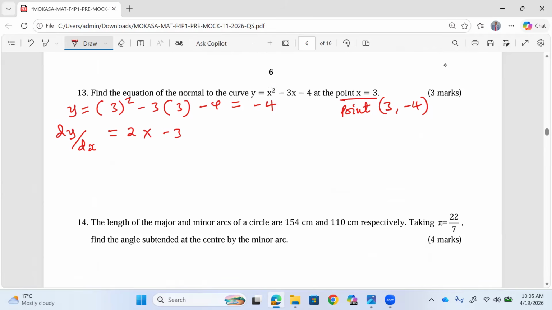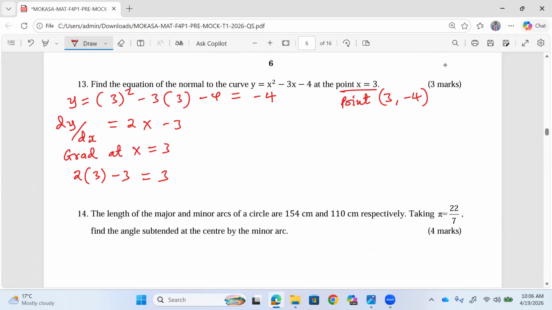So now we can say this, gradient of the curve at x equals 3. Gradient at this point, what will be the gradient? It shall be 2x minus 3, which is exactly 3 because that is 6 minus 3. Now we ask ourselves, if this is the gradient of the curve at this point, what will be the gradient of the normal?